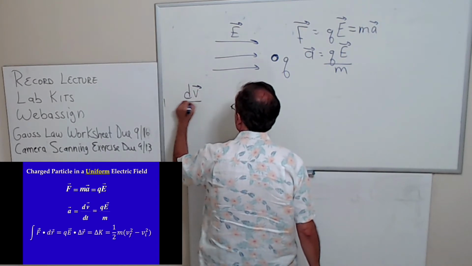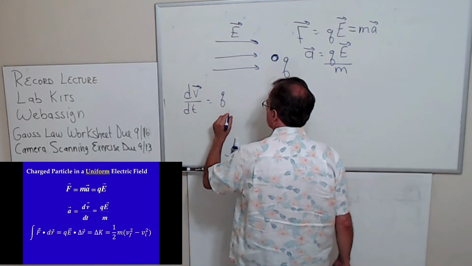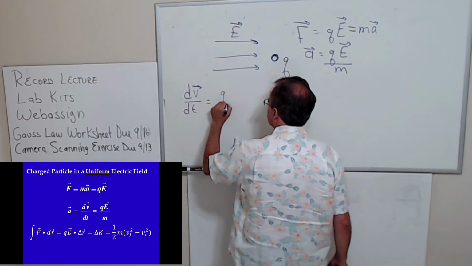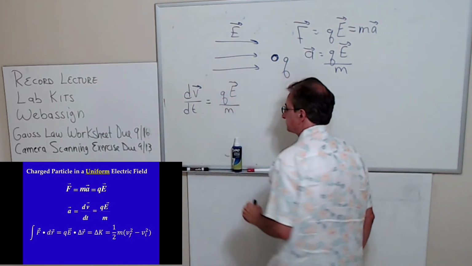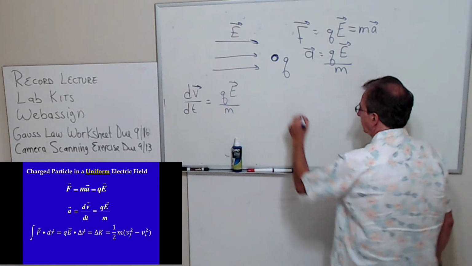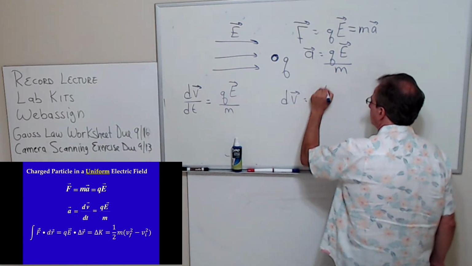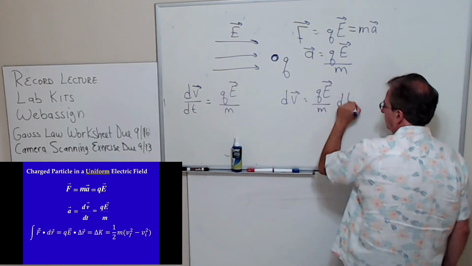dV over dt is QE over M, and dV equals QE over M dt.